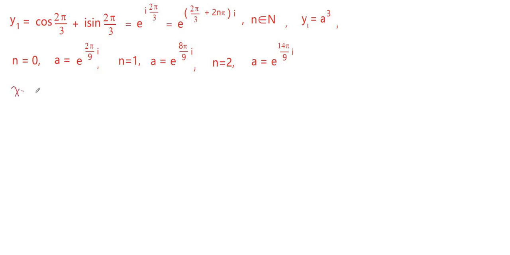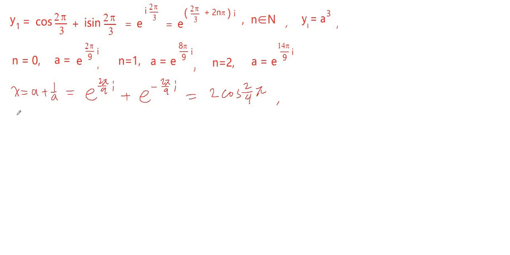Because x is equal to a plus 1 divided by a, from the first one we get e to the 2 pi over 9 i, plus 1 divided by a, which is e to the minus 2 pi over 9 i, and this becomes 2 cosine 2 pi over 9.